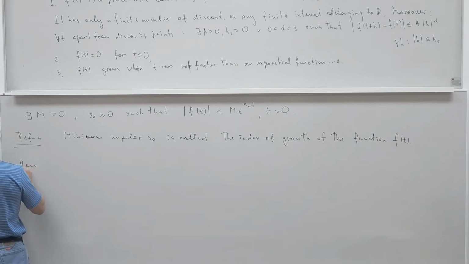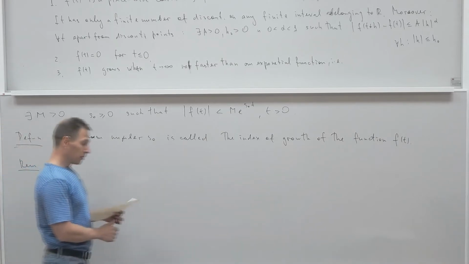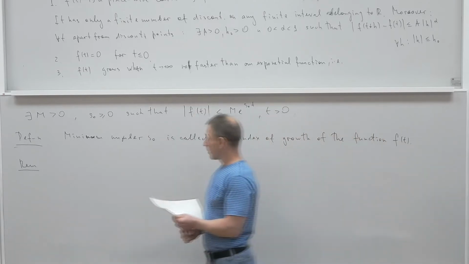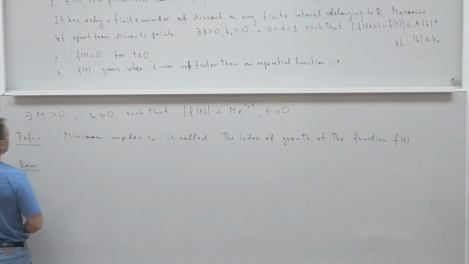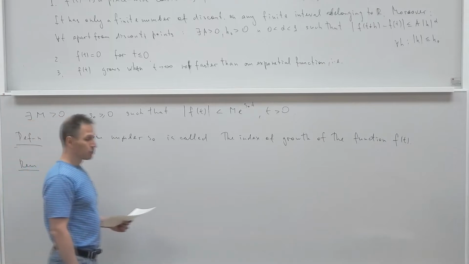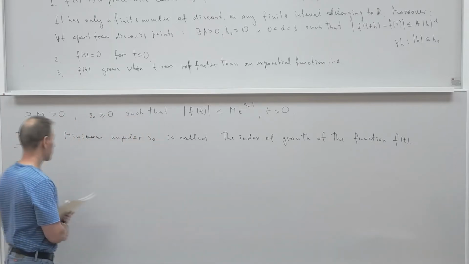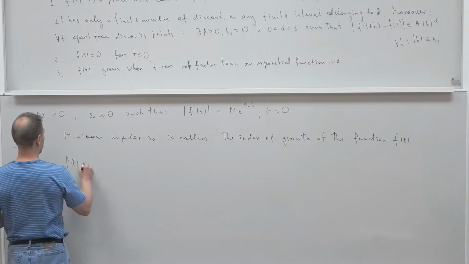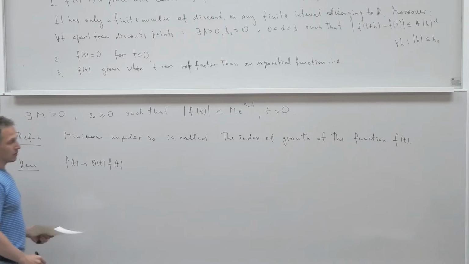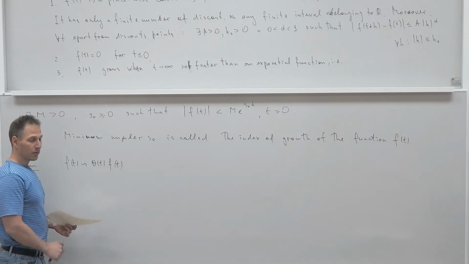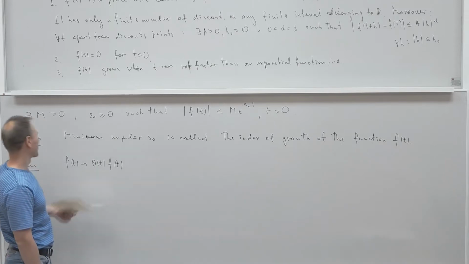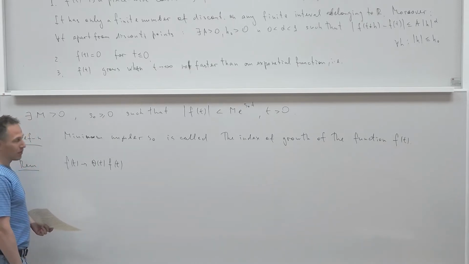Remark. In physical problems, as a rule, these three conditions are satisfied. And as for the second condition, if the function f of t is not 0 for negative t, then one can always redefine the function in such a way, multiplying by theta of t, where theta of t is the unit step function, and the right-hand side of this expression vanishes for negative t.